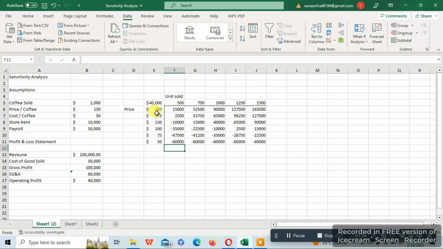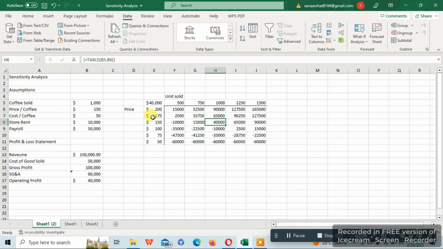If the price per coffee is 200, and I will sell 500 units, then my profit would be 1500. As you can see, at my current price of 150 and units sold of 1000, our operating profit is 40,000.